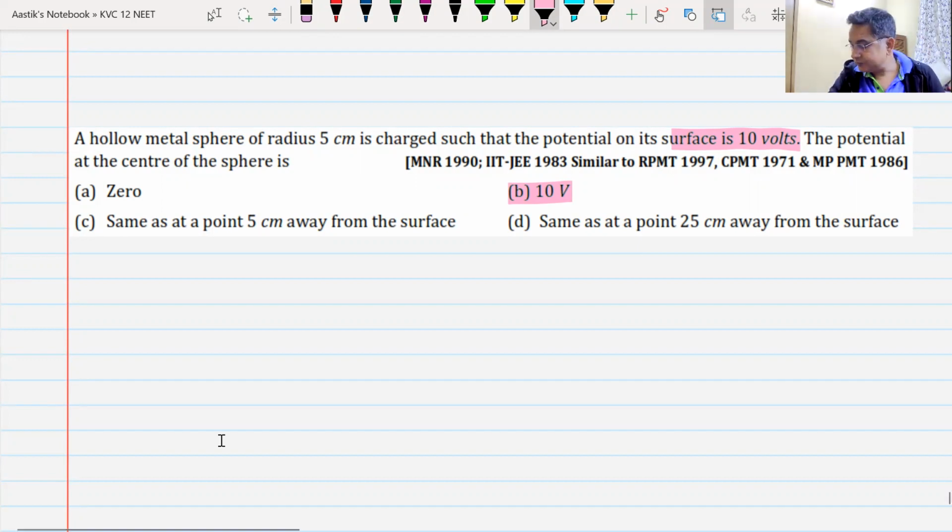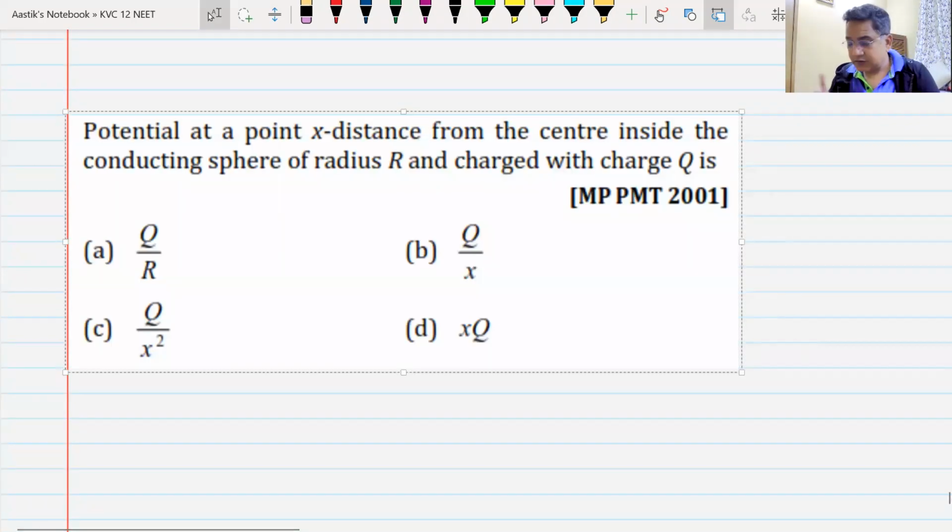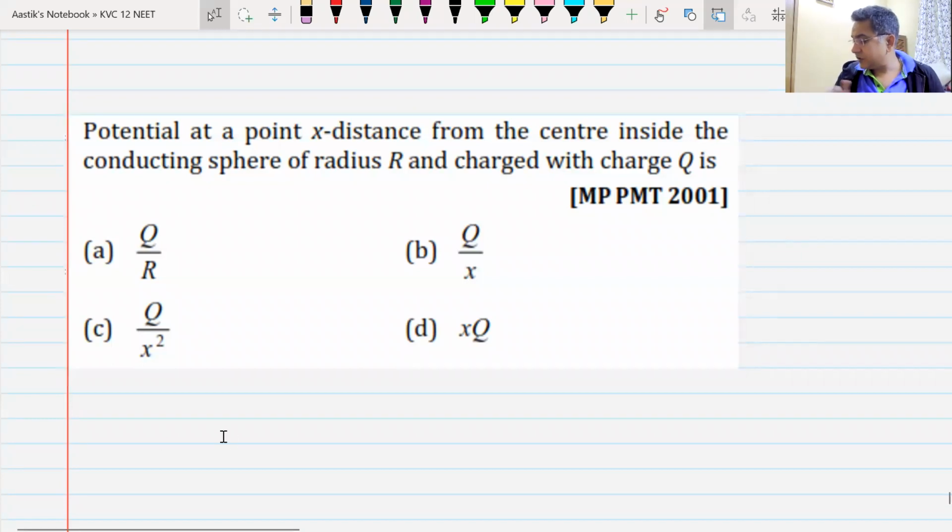Anyways, let me put this question. The next one, potential at a distance x. You can add the word is proportional to.